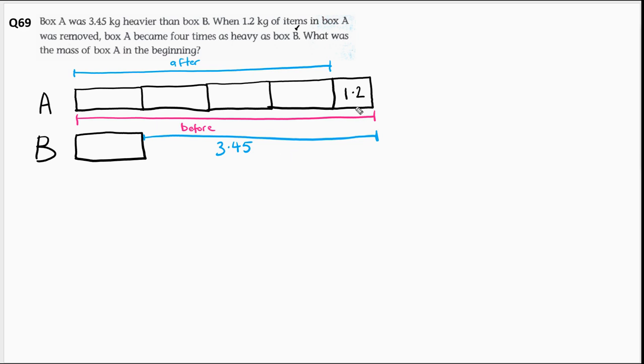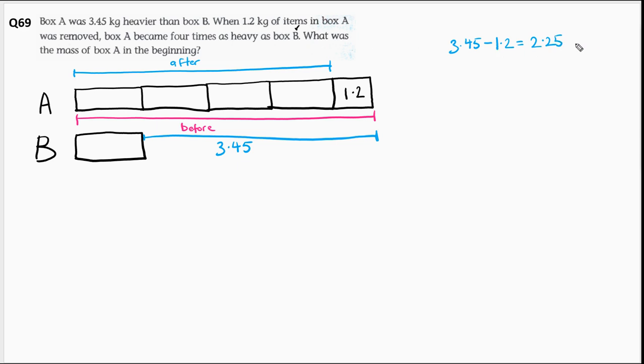So what that shows me is if I take 1.2 away from 3.45, I'm going to get the value of these 3 parts. So 3.45 minus 1.2 gives me 2.25.